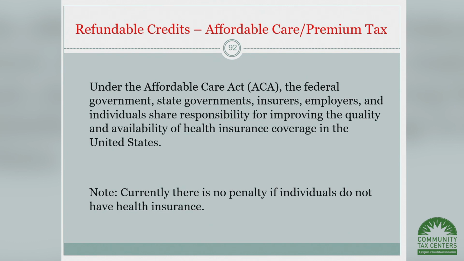And so this is the 1095A again. Under the Affordable Care Act, the ACA, the federal government, state governments, insurers, employers, and individuals share responsibility for improving the quality and availability of health insurance. Like we spoke about earlier with the 1095A, it can be seen as a benefit or as a tax.